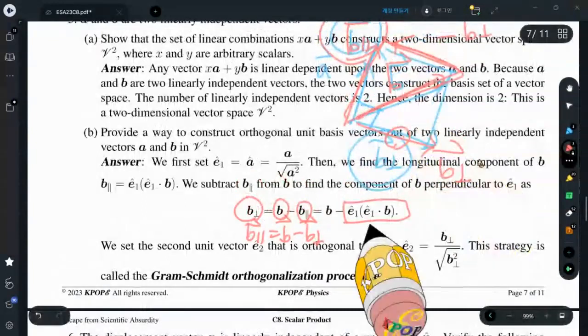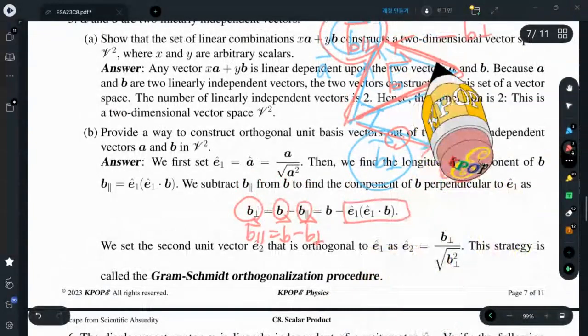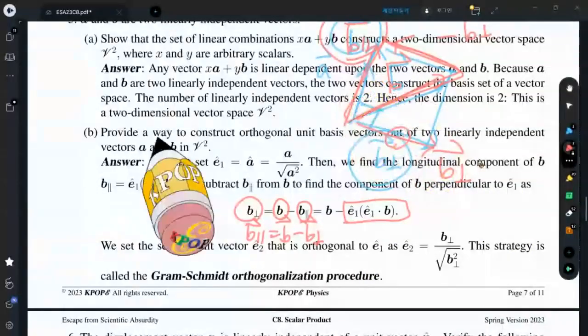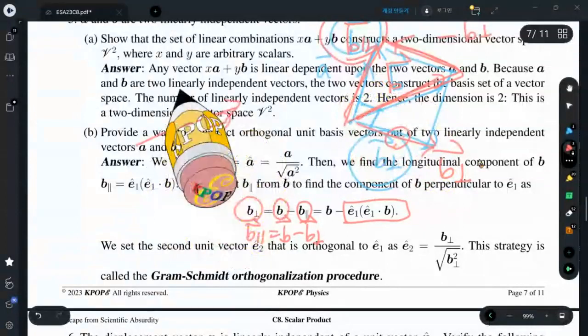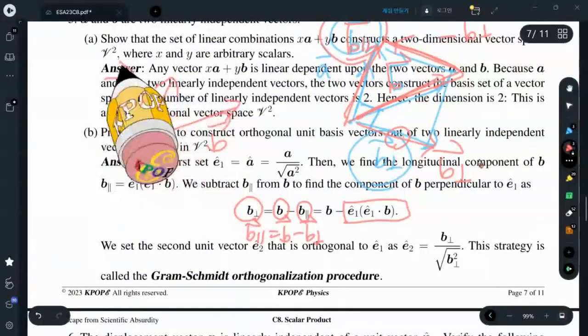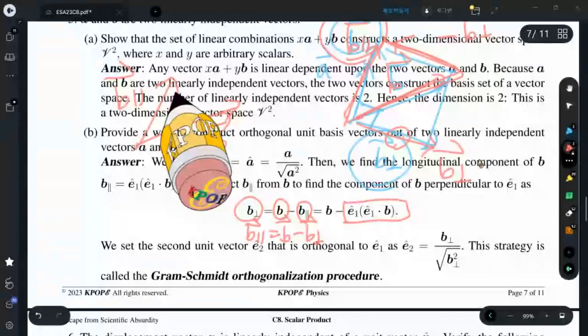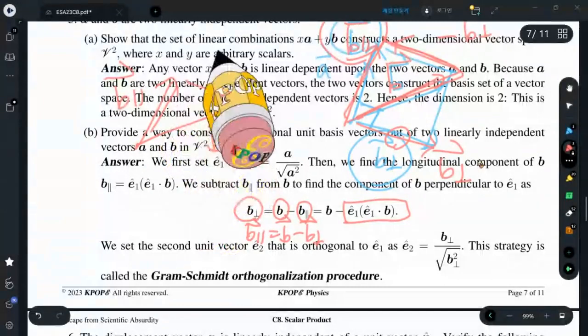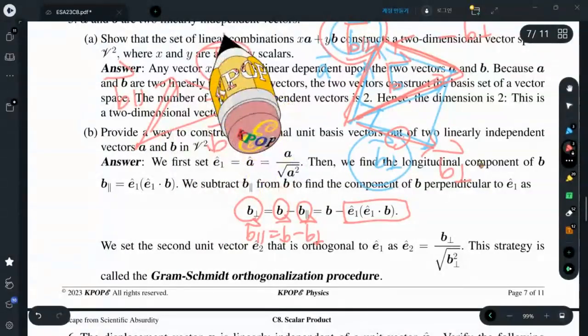So if I subtract this parallel component from B, then what I get is the perpendicular component.